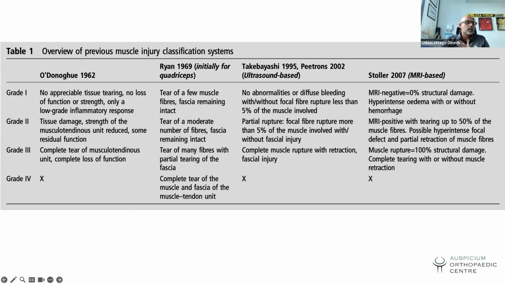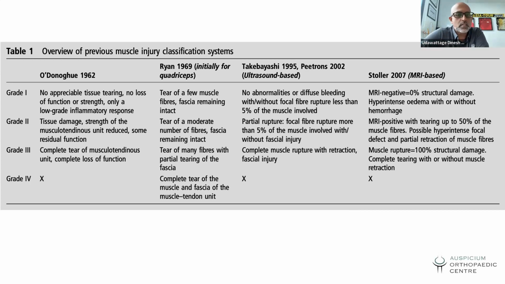Then 7 years later, there was another iteration of this. In 1995 and 2002, there was another iteration. And as we come into the MRI era of medicine, we start to have more imaging-based classifications, based more on the percentage of muscle that's been injured and so on.